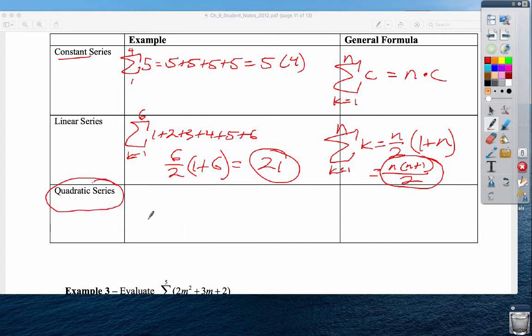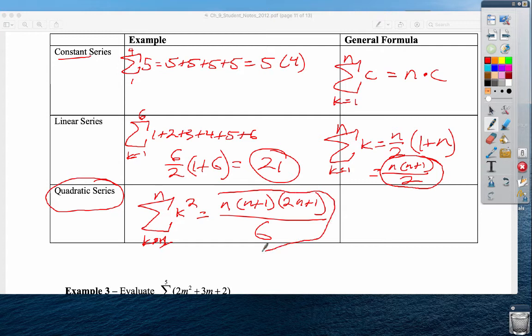The quadratic: whenever I have the sum from k equals 1 to n of k squared, it's n times n plus 1 times 2n plus 1, divided by 6. So you want to have these three: quadratic, linear, and constant. These are the formulas that we're going to use to show our work on our worksheet.